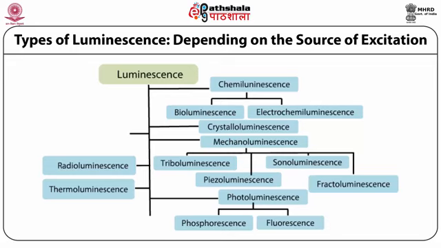Another type is fractoluminescence, where the luminescence is produced when bonds in certain crystals are broken and fractured. Piezoluminescence is where the luminescence is produced by imploding bubbles in a liquid when excited by sound. Radioluminescence is a result of bombardment by ionizing radiation.